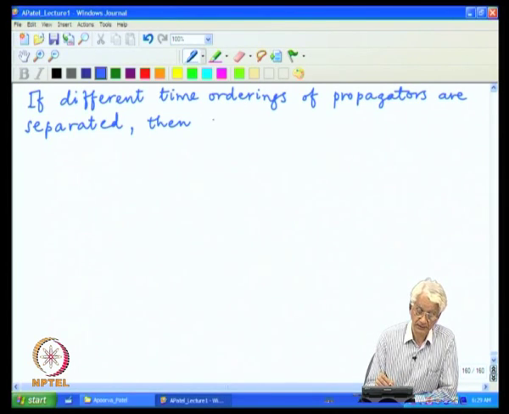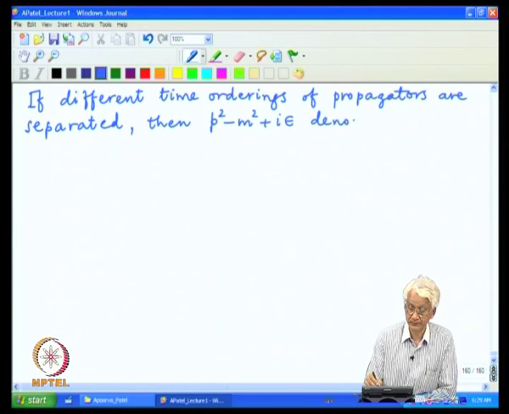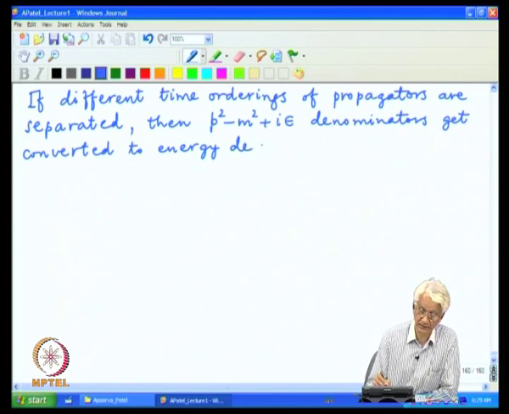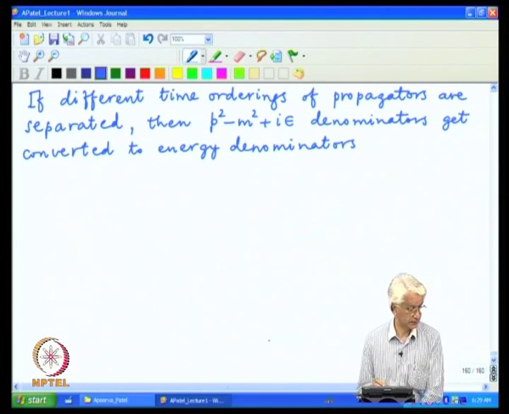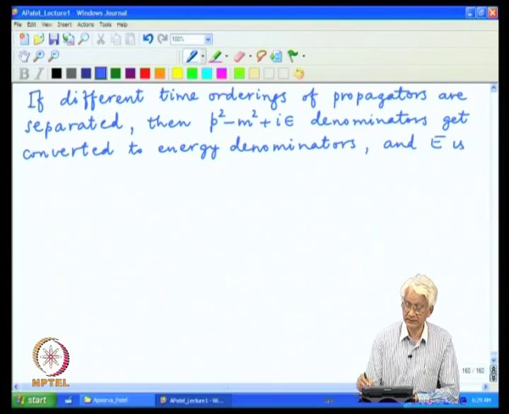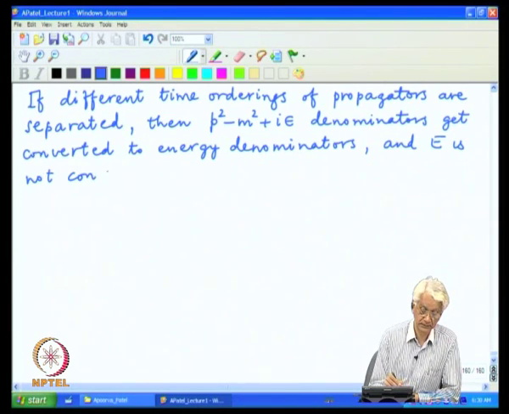all this factor of p square minus they separate out into the energy denominator of the same nature as seen in non-relativistic quantum mechanics, and in that case E is not conserved for individual terms.